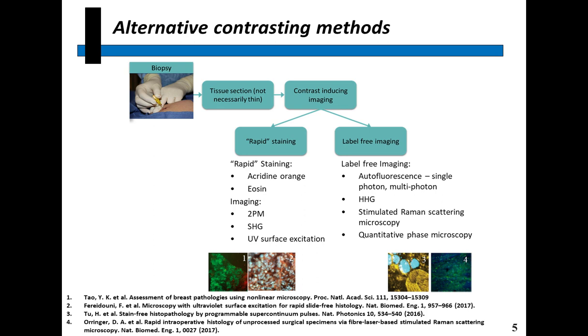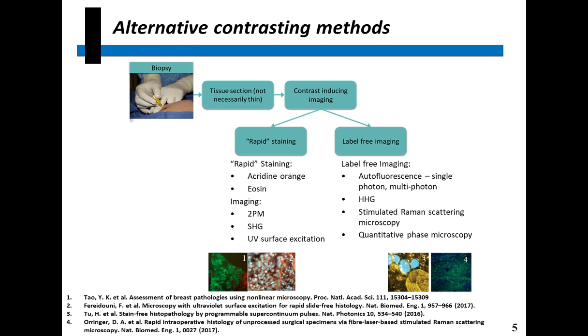So about, let's say, 2 decades ago, there has been a substantial effort to come up with alternative contrasting methods. And there were basically 2 schools of thought. One of them is rapid staining.